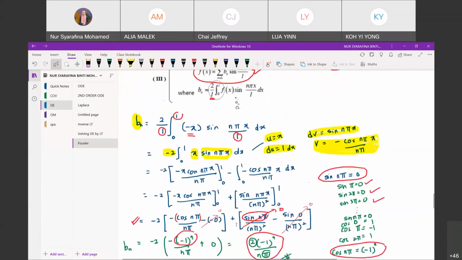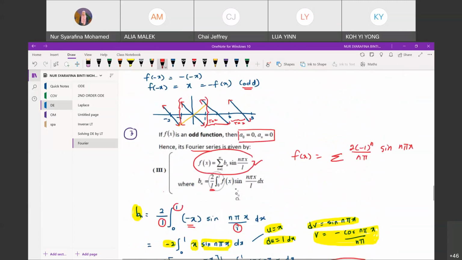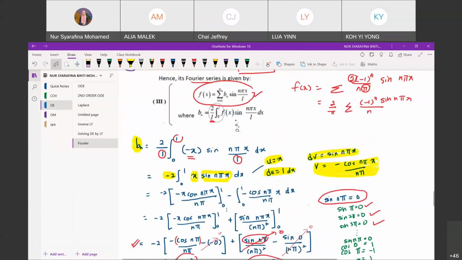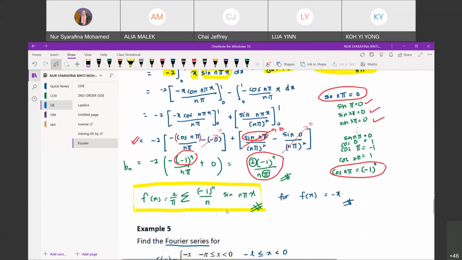Okay, so this is constant. This is constant. So put constant outside. So this is how you can obtain the Fourier series for fx equals negative x.